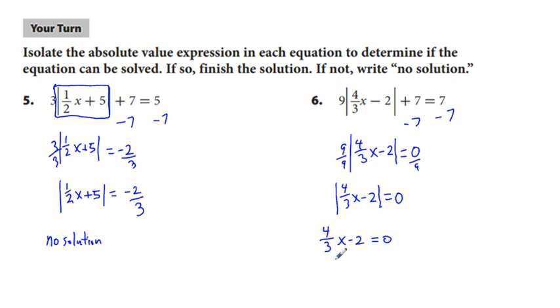We add 2 to both sides of this equation. We get 4/3 x equals 2.